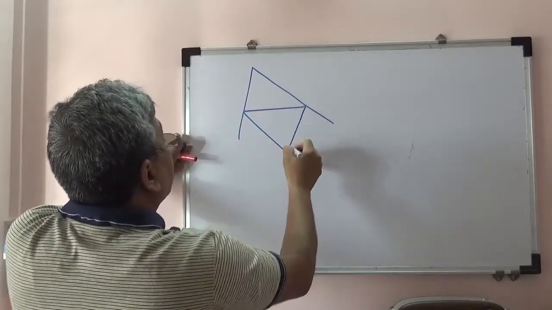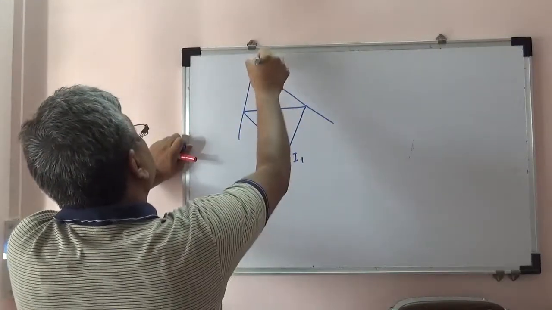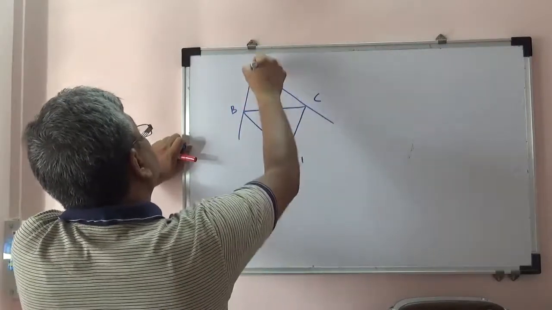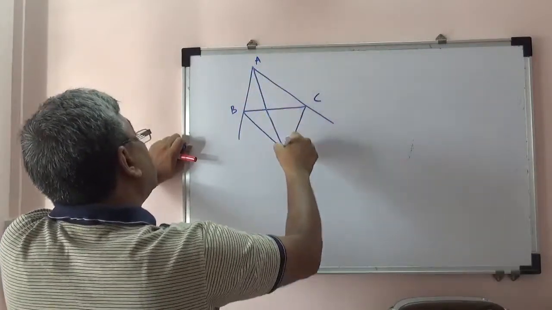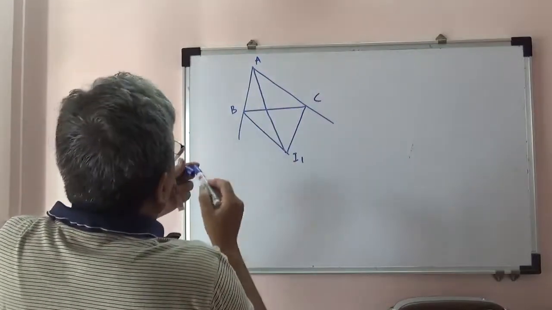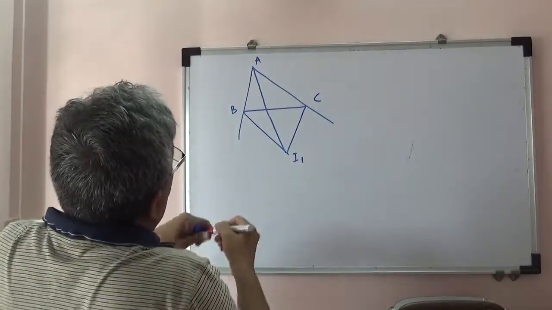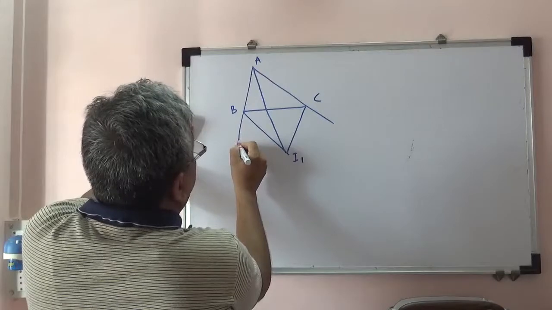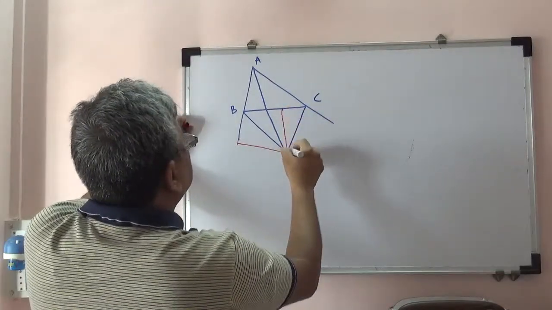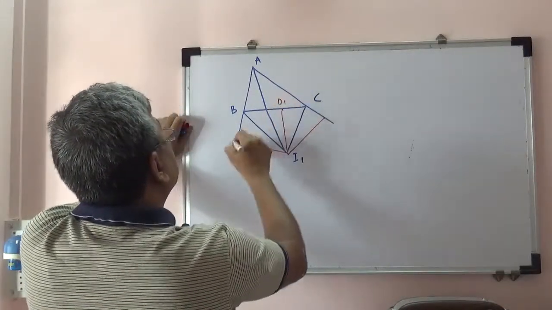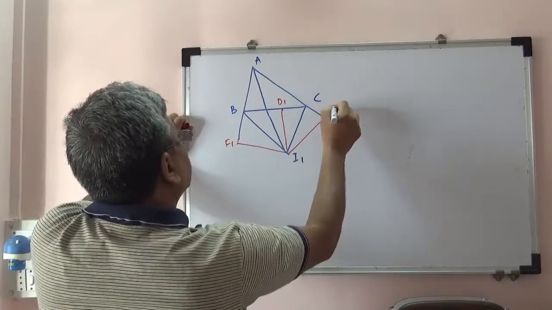excenter I1. Okay, now we have drawn all the three angle bisectors. Let me draw the perpendiculars D1, F1, E1.